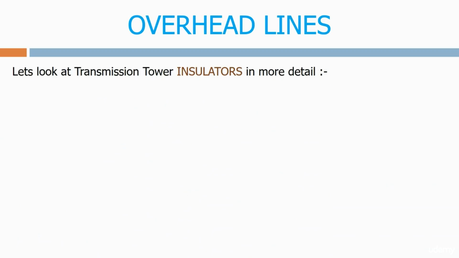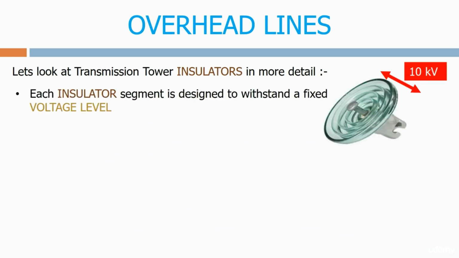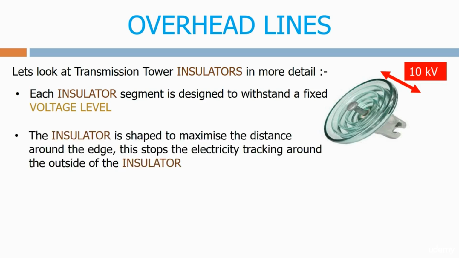Let's look at transmission tower insulators in more detail. Each insulator segment is designed to withstand a fixed voltage level. The insulator is shaped to maximise the distance around the edge. This stops the electricity tracking around the outside of the insulator.